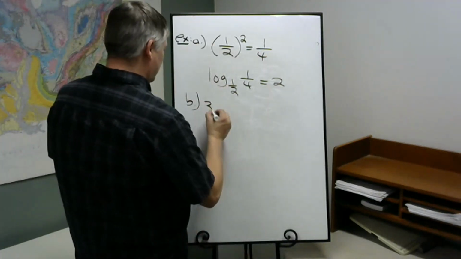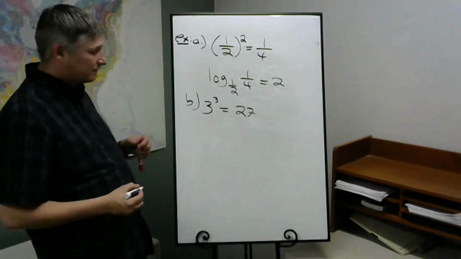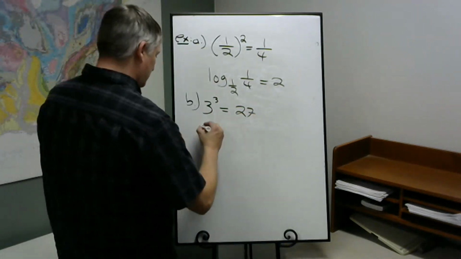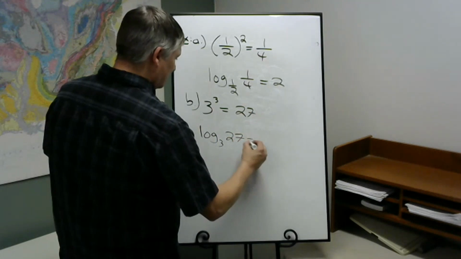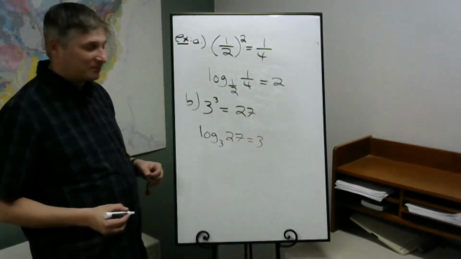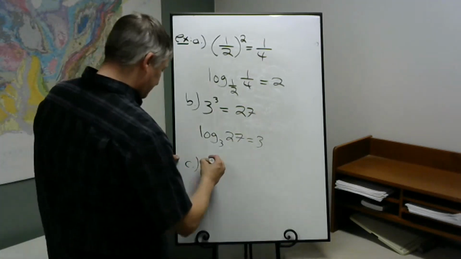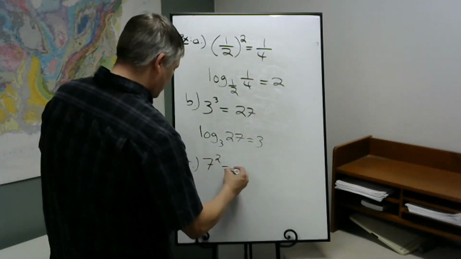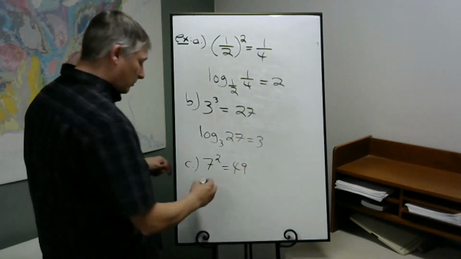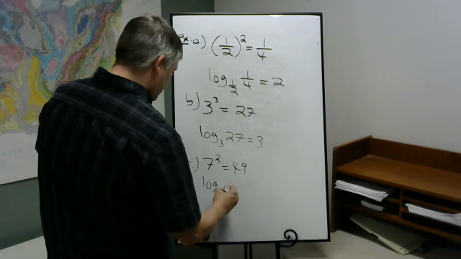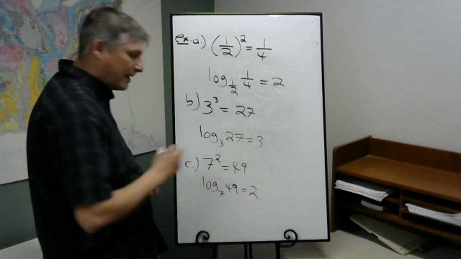Same thing if we have 3 cubed, well, that's equal to 27. Or log base 3 of 27 will give us 3. Or something like this: 7 squared is 49. Or log base 7 of 49 gives us that power of 2.